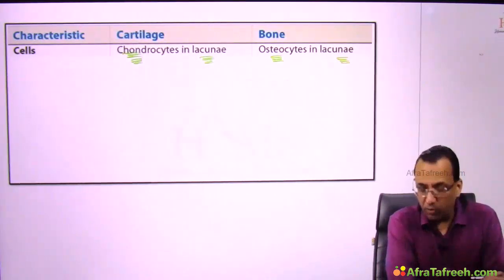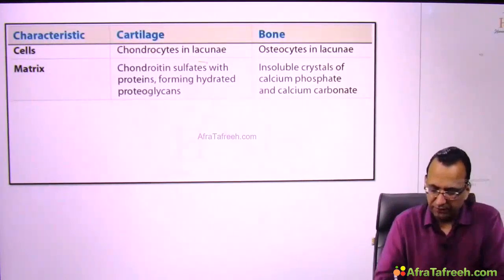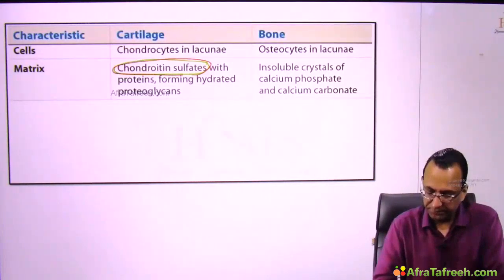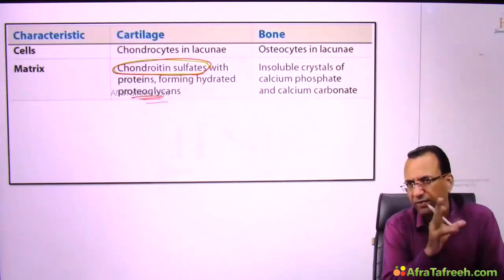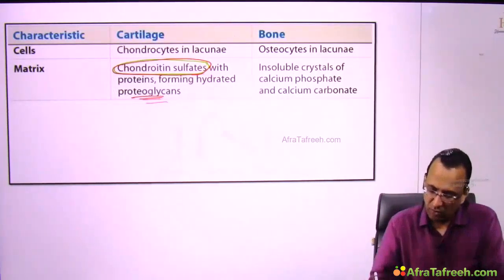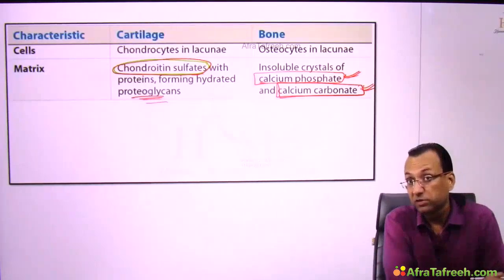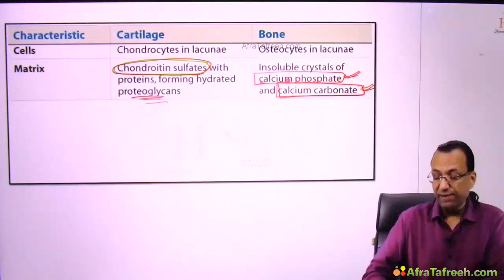If you are talking about the matrix, then in the cartilage you have some chondroitin sulfates which are actually forming the matrix, some hydrated proteoglycans giving some rigidity and flexibility, whereas bone is basically calcium phosphate and calcium carbonate. Though there are some collagen fibers also, of course, it is calcification. So calcium phosphate and calcium carbonate in the bone.